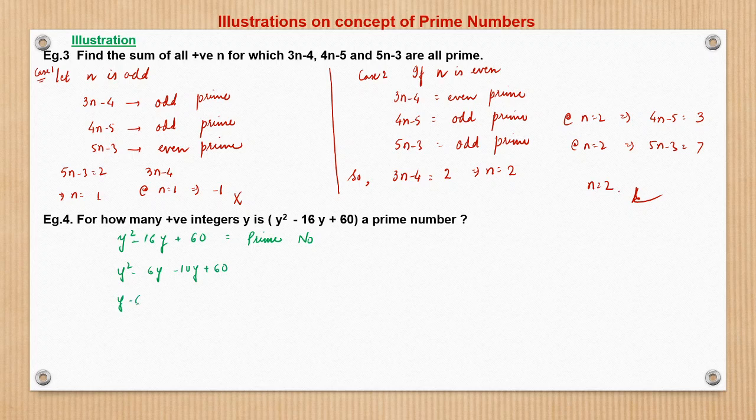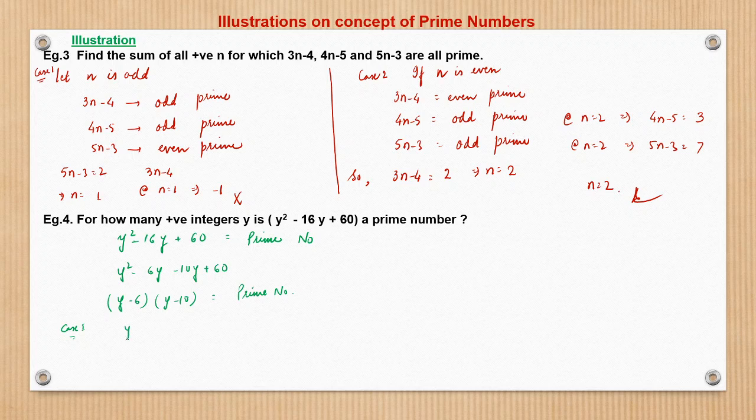This can further be broken into (y minus 6) into (y minus 10). Now this is a prime number, and we know that prime numbers do not have any factor other than 1 or the number itself, right? So it means that one of these two factors must be equal to 1, then only this will be a prime number.